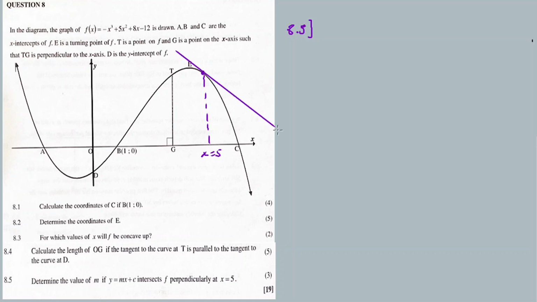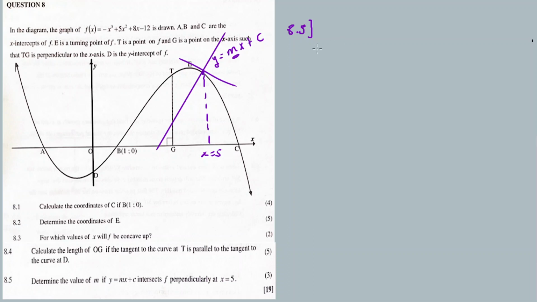Then go on a tangent. Determine m if y equal to mx plus c, which is a straight line, intersects f perpendicularly. This line is perpendicular to the curve. So we want the gradient for this line, y equal to mx plus c, which intersects the curve perpendicularly at x equal to 5.